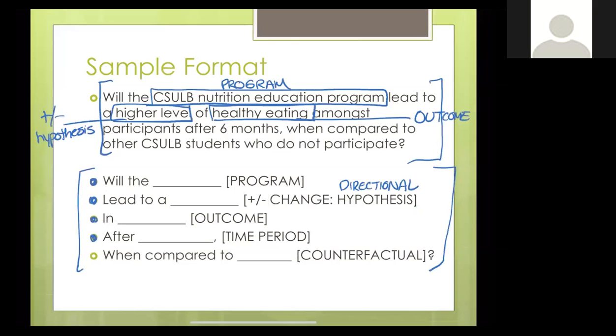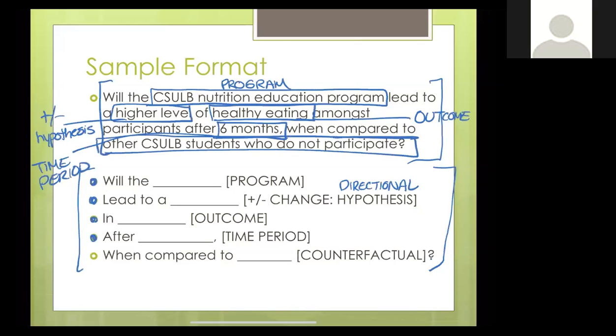After blank, we have a time period, because any study has to know when to start, when to end, and how long it should be collecting data for. So we're talking about however long this program lasts plus 6 months after that point, because we've set that parameter for ourselves. And then the last part is compared to other CSULB students who do not participate.